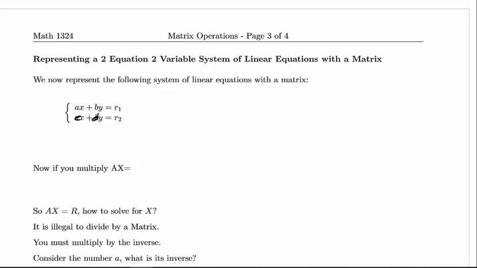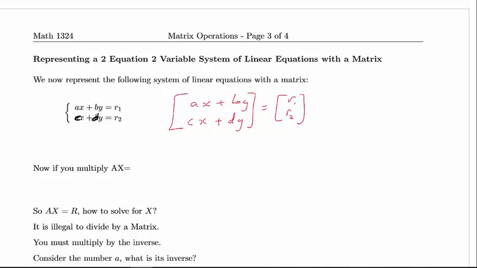So we've got matrix A, x plus by, and then cx plus dy equals R1, R2.